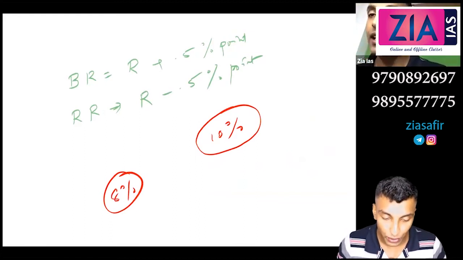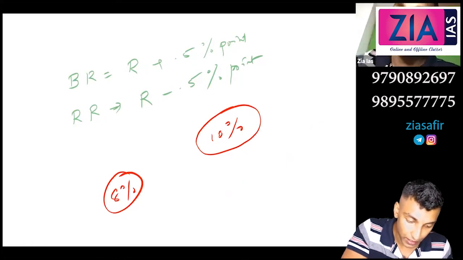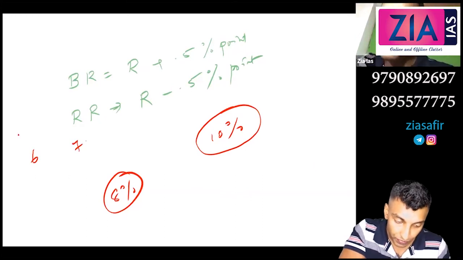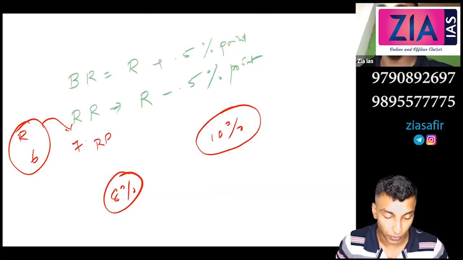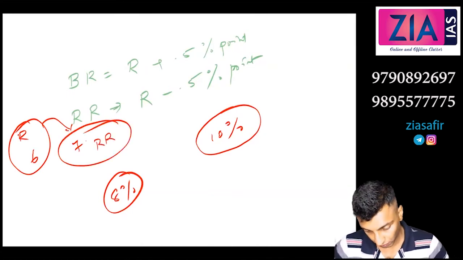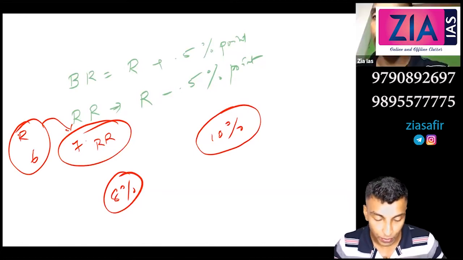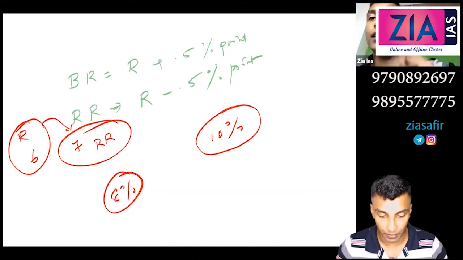That's exactly what is going to happen if repo is, let's say, 6% and reverse repo is 7%. You will borrow at repo and deposit at 7% through reverse repo. Is that clear? Yes, sir. So that is the reason why reverse repo is less than repo. If it is less, then this will not happen.